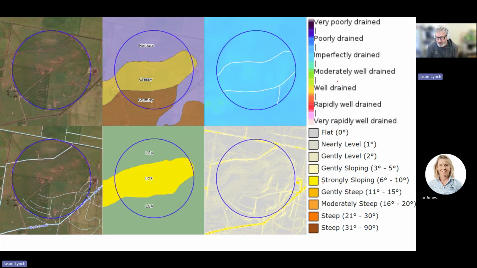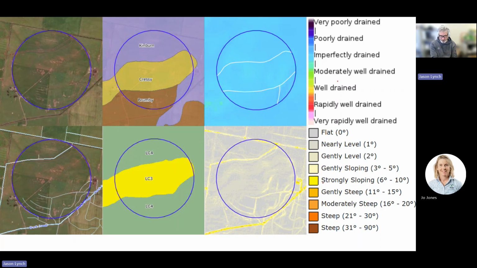Very useful if we've got to start dealing with sloping ground, especially where we've got a variation across the ground itself, where the pivot might be moving from flat ground up and over an elevation. Too much elevation can cause some problems, particularly undulating ground can put a lot of pressure on infrastructure as the towers move across.